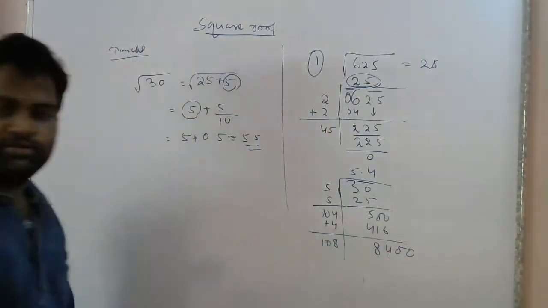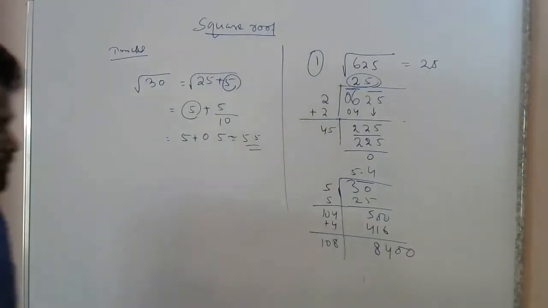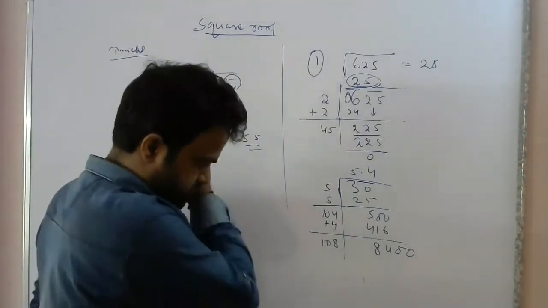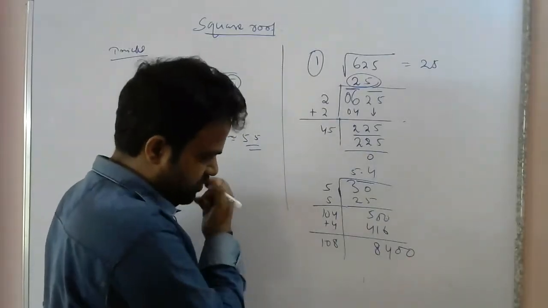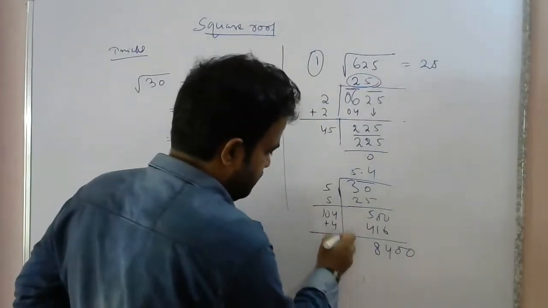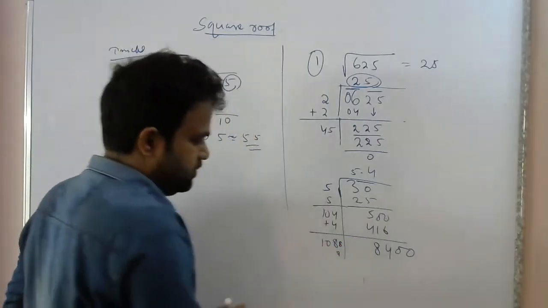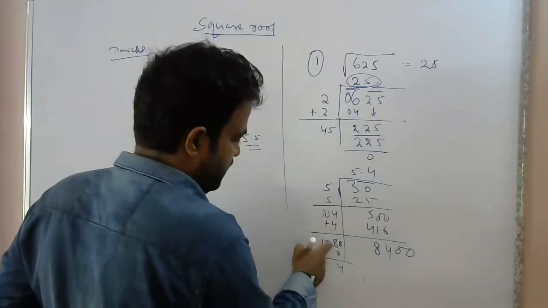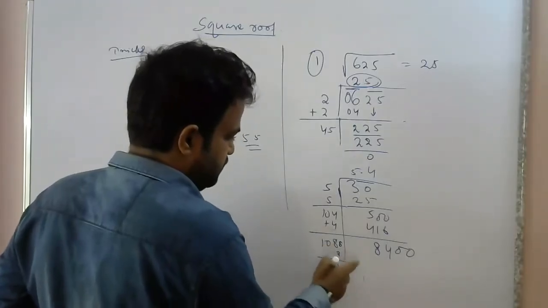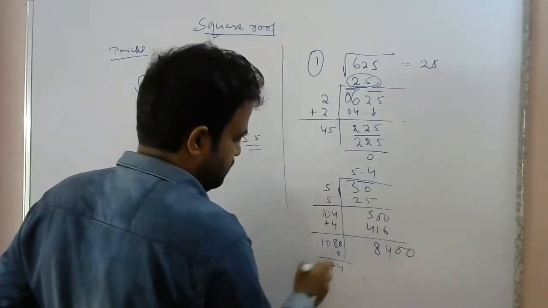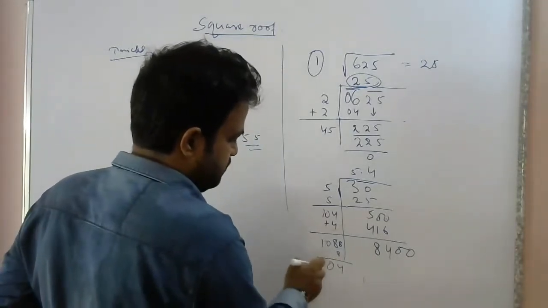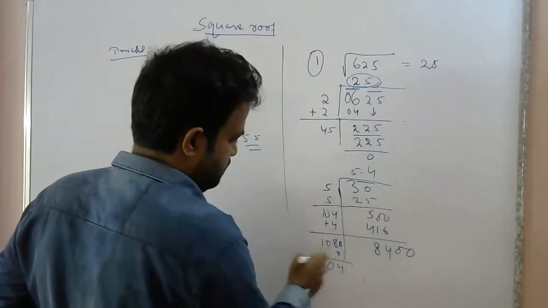Two zeros at a time you will write. Then you can multiply with 8. What will you get? 8 8s are 64, so 670.